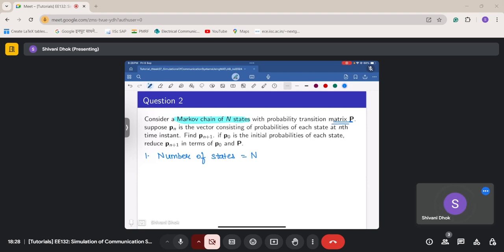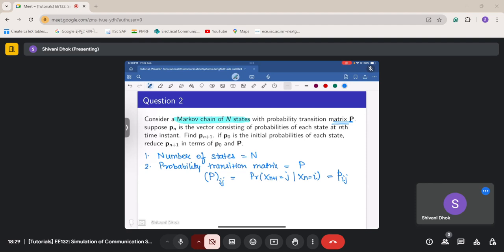Then we are given the probability transition matrix that is equal to P, and the i comma jth entry of this is equal to the probability that xn plus 1 is j given xn equal to i, and we can say that it is little Pij.